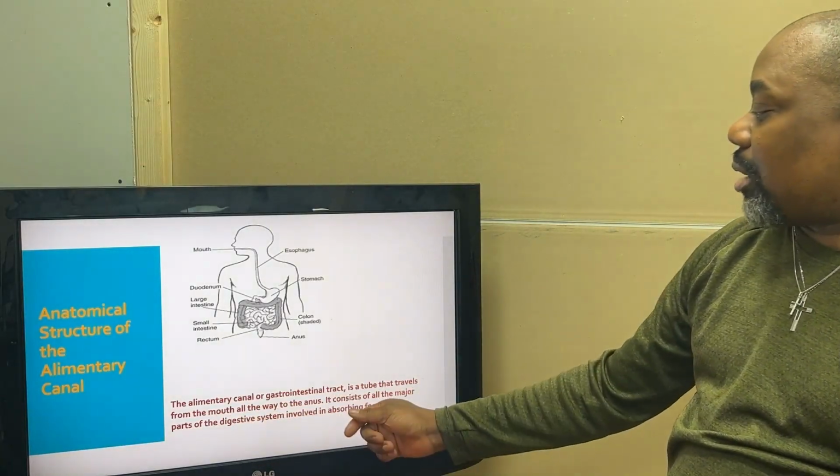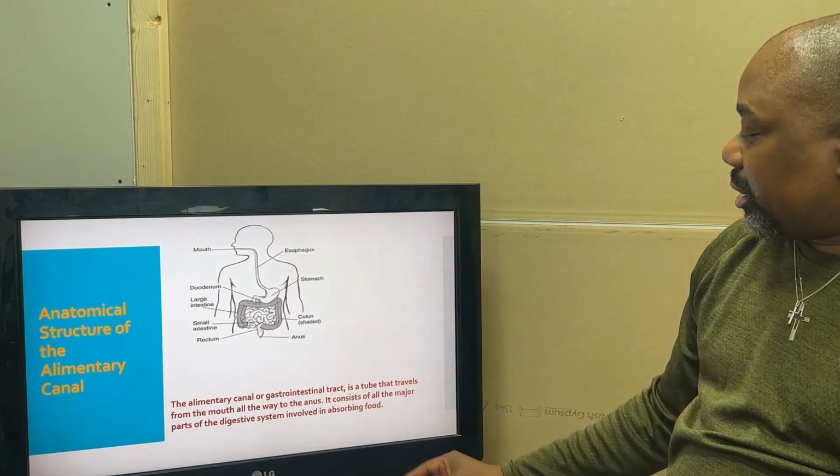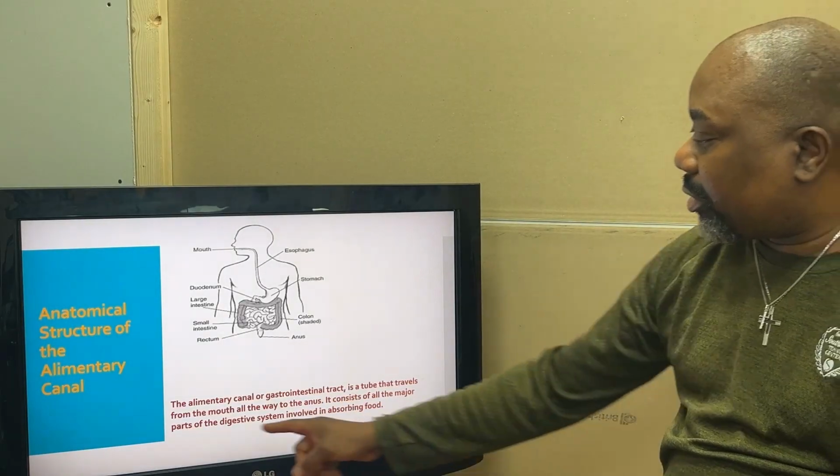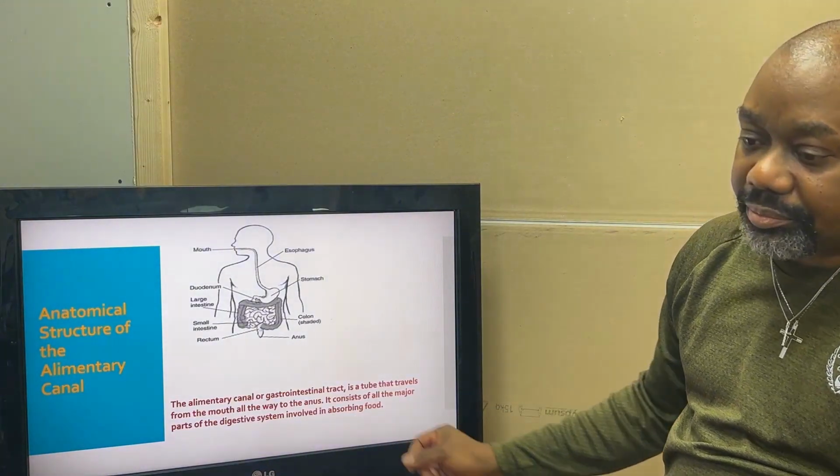The alimentary canal, or gastrointestinal tract, is a tube that travels from the mouth all the way to the anus.